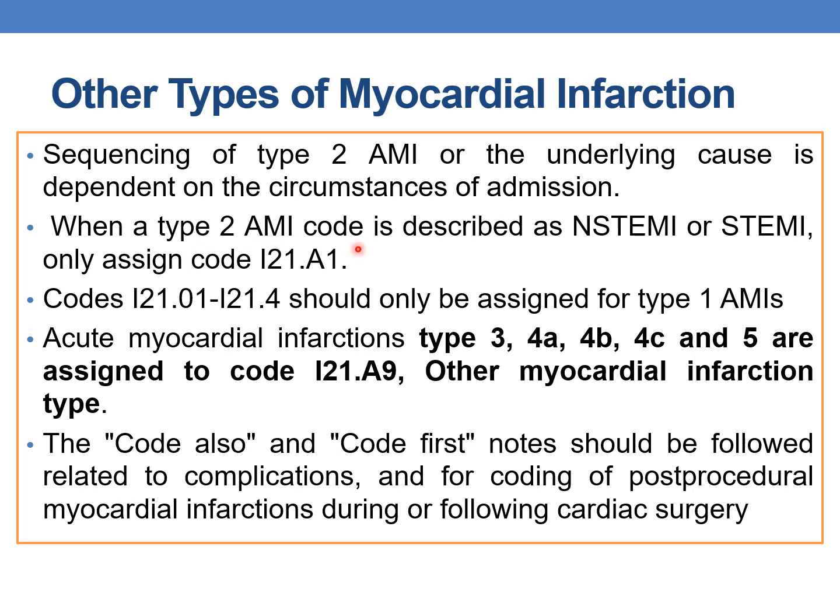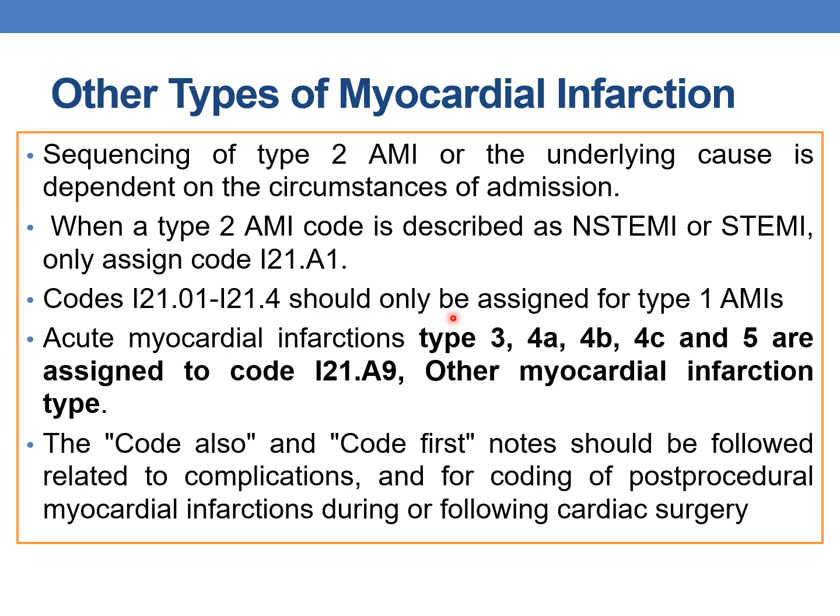When a type 2 AMI is described as non-STEMI or STEMI, assign only the code I21.A1. There is only one code for type 2, whether it is STEMI or non-STEMI, that is I21.A1. And the codes I21.01 to I21.4 should only be assigned for type 1 AMIs or unspecified AMIs.